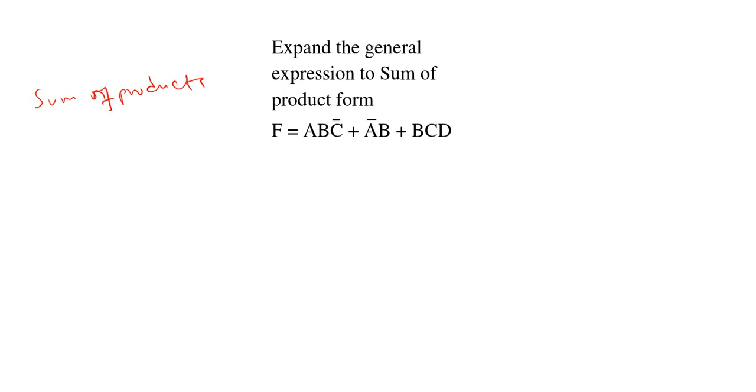We normally have two types. We have sum of products, and we also have what we call product of sums.